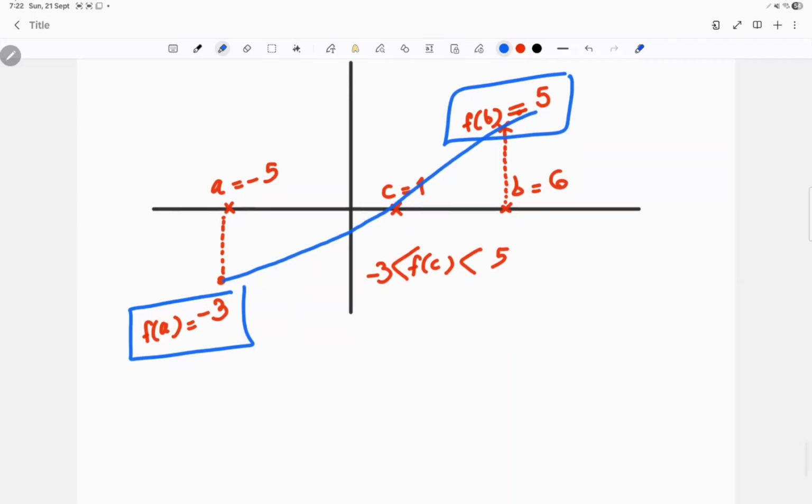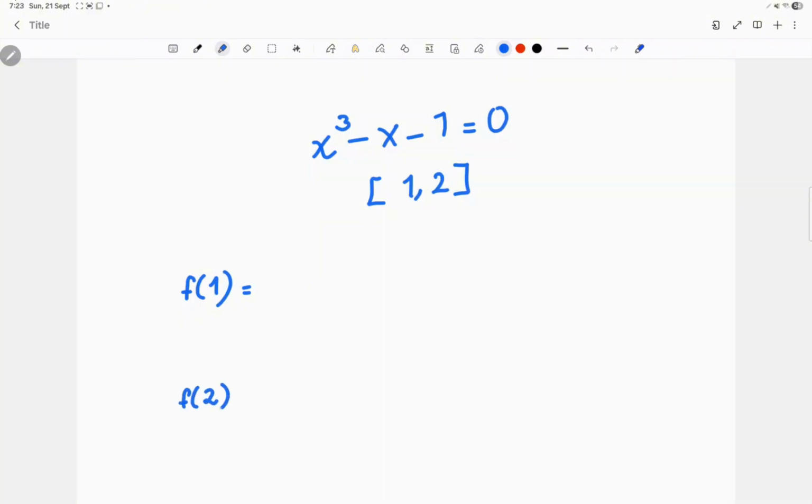So with that in mind, let me give you a tiny question. Okay, ready? So let's say that I have x cubed minus x minus 1, and let's say it's equal to 0. The interval, closed interval, it has to be from 1 to 2. Okay? I'm going to be asking you to, first of all, find the f of 1. Okay? Find the f of 2. Start by doing that.